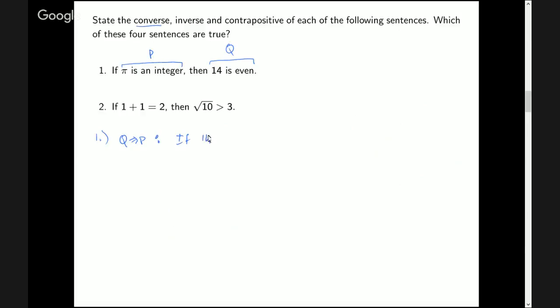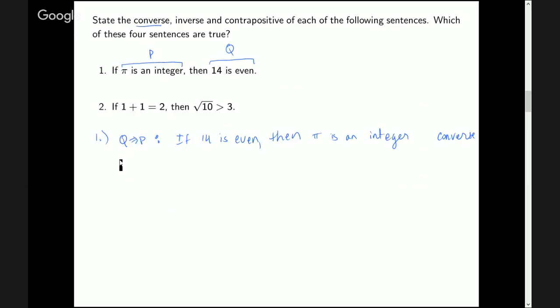If 14 is even, then pi is an integer. And so this is a converse.